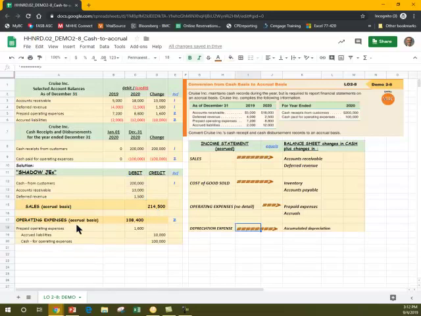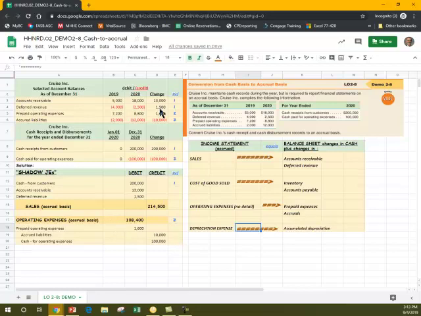For the operating expenses, we would take the cash paid for operating expenses, a credit, $100,000, put that into the entry, and then recognize that the change in prepaid expenses and the change in the accrued liabilities account will bring us to the accrual basis for operating expenses.